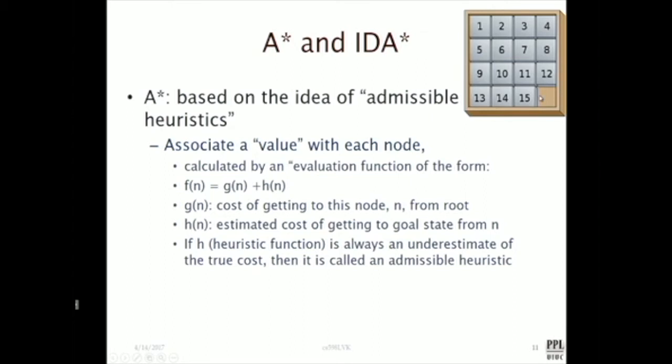So if you have a heuristic function like that, then what is the thing to do? The thing to do is to organize your open nodes, the states you have not looked at, into a queue ordered by their f value, right? The f value includes the g, which is how long it took to get there, and h, an estimate, a lower bound, of how many more moves are needed. And so the most promising solutions you try first, the smallest f values first, and that guarantees that if you find a solution, it will be the best solution.